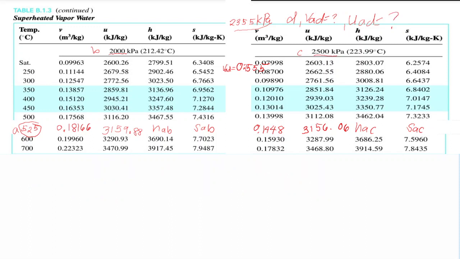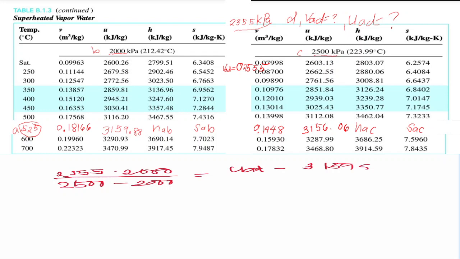So let's do the vertical. We have 2355 minus 2000 kilopascal over 2500 minus 2000 kilopascal is equals to UAD minus 3159.88 over 3156.06 minus 3159.88.